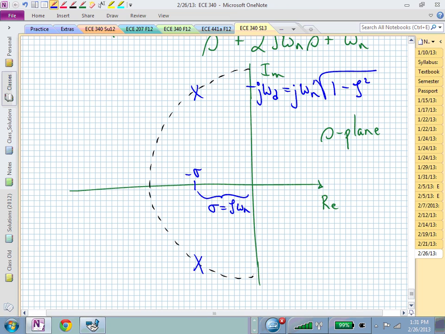That's the relationship between these sigmas, omega sub n's, omega sub d's, and zeta. This particular distance is the natural frequency. And a lot of times, if you were taking a controls class, you might be interested in that angle theta that this pole is making with the negative real axis.